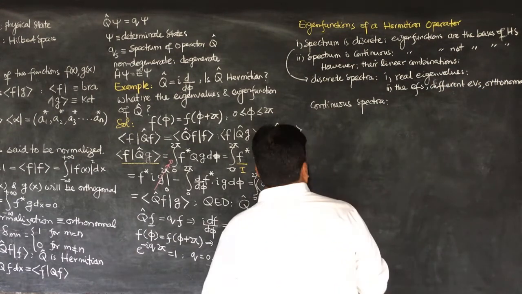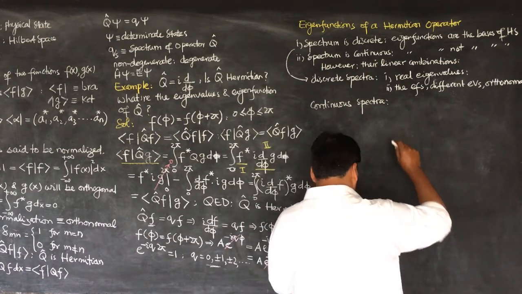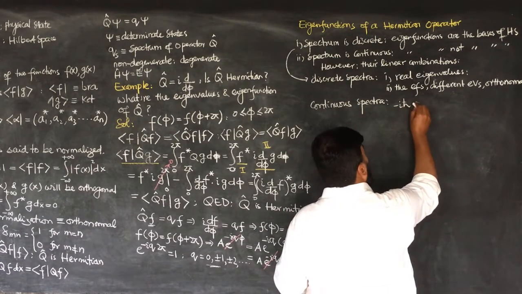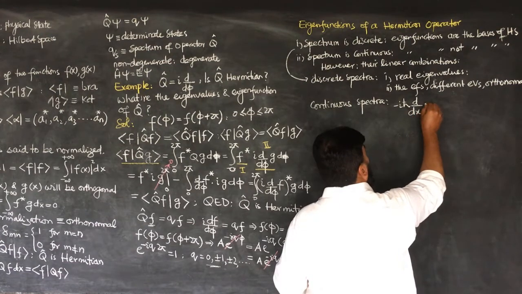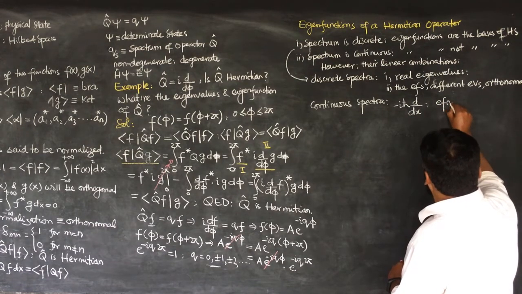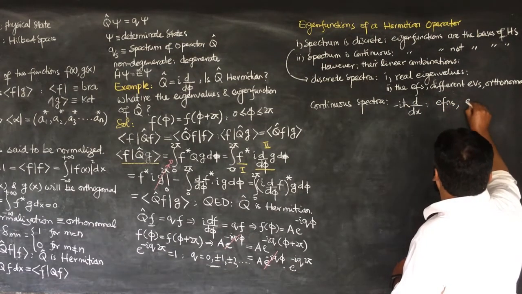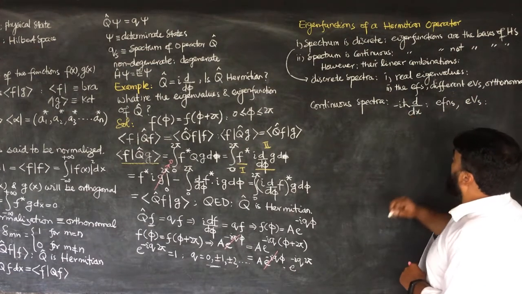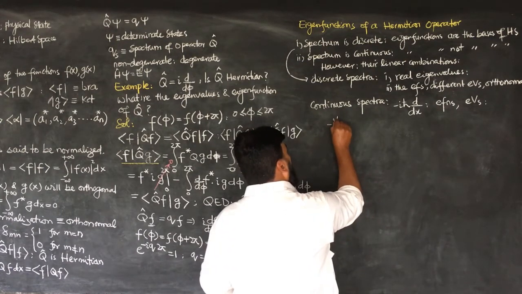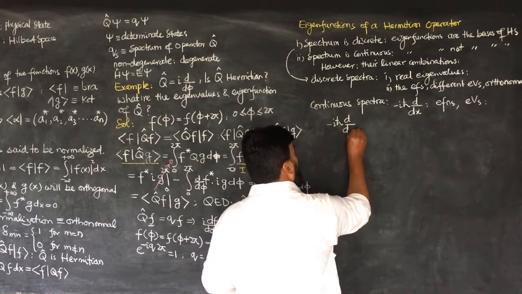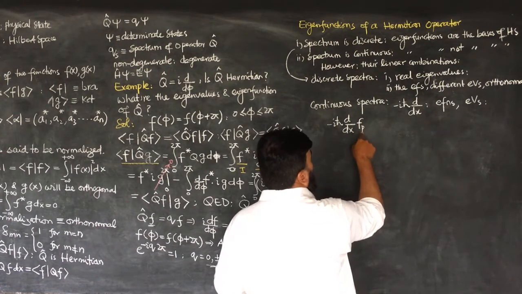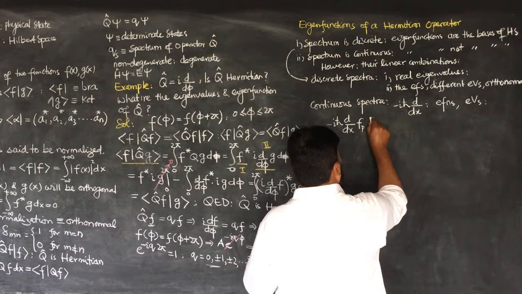For example, if I want to find the eigenfunctions and eigenvalues of the momentum operator, minus i h bar d over dx, then I can write minus i h bar d over dx of a function, which I call f_p of x.